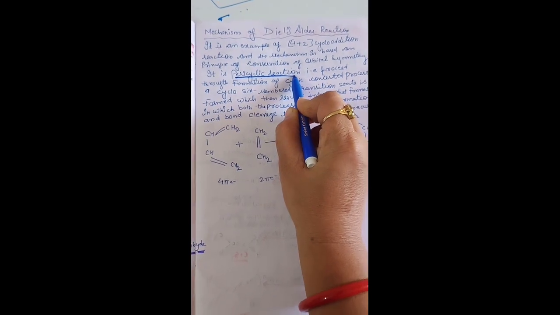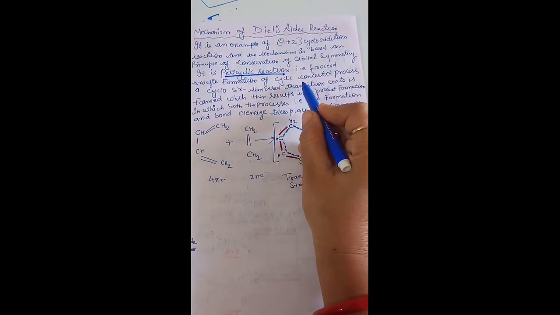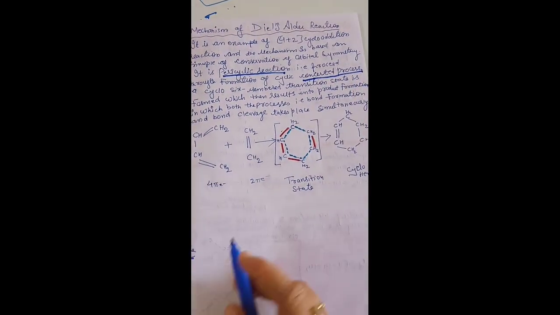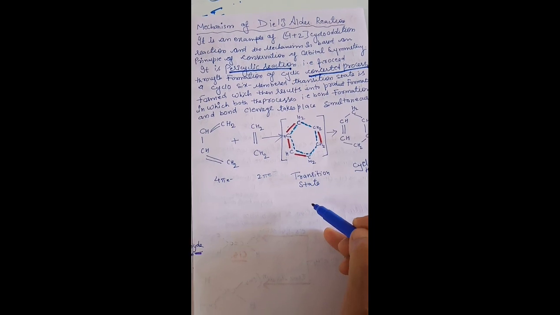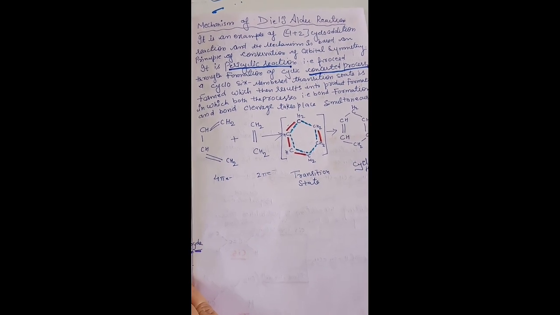Pericyclic reactions are those reactions which proceed through the formation of a cyclic intermediate state. So Diels-Alder reaction is an example of pericyclic reaction, and it will form a cyclic transition state.